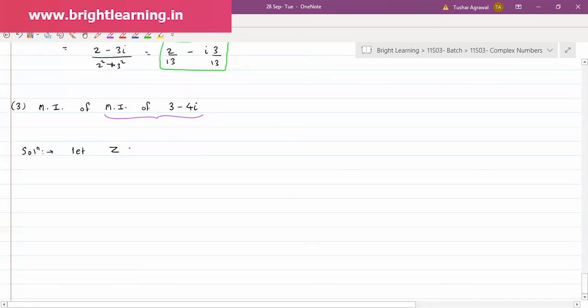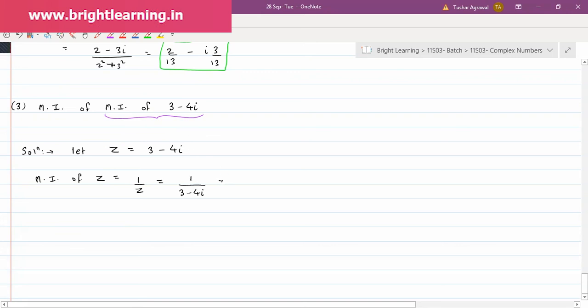Let z equal 3 minus 4i. Multiplicative inverse of z, represented by 1 by z, is given by 1 upon 3 minus 4i.